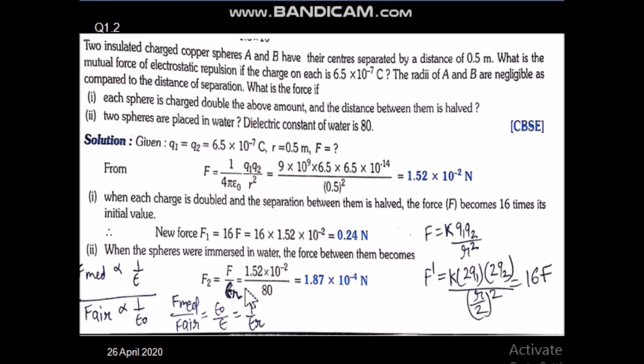So it is very simple. Whenever the force in vacuum or air is given and the question asks to find the force in the medium, what do you do? Force in air divided by epsilon r is always the force in the medium. You have to remember this formula for further questions also.